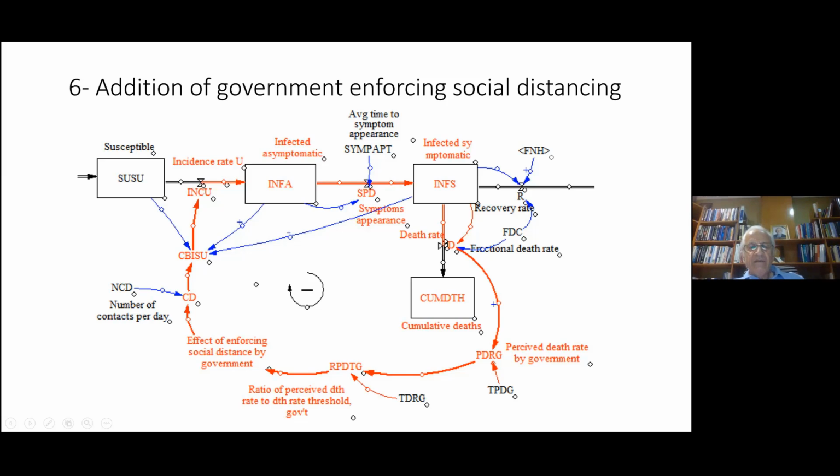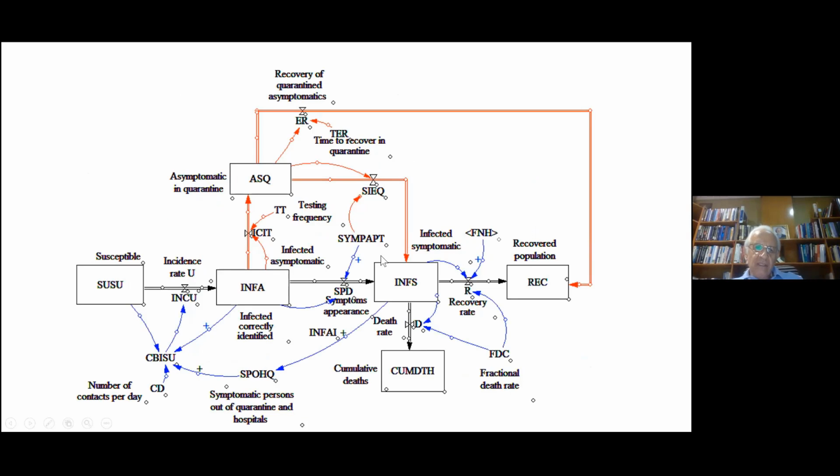Then we have testing. Some societies implement vast testing to identify asymptomatic people and put them in quarantine. We implement this in the model by setting up a testing and by identifying asymptomatic people and putting them in quarantine.